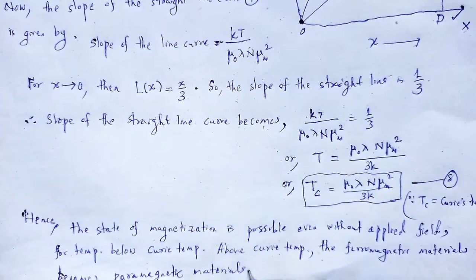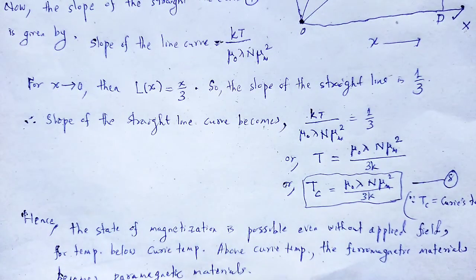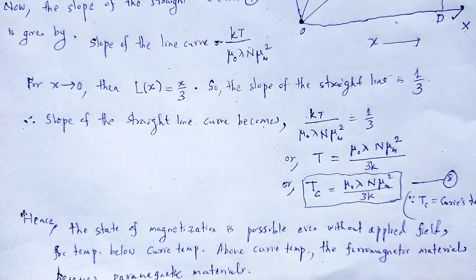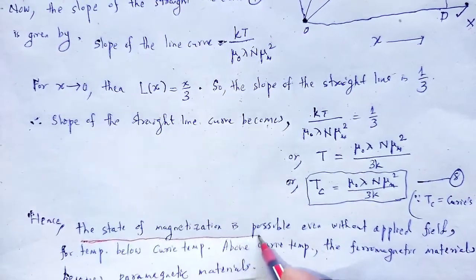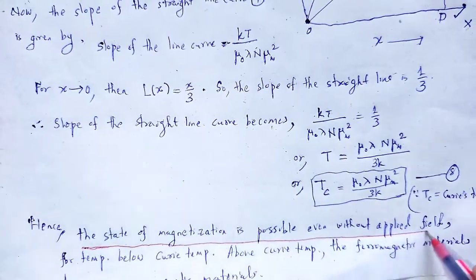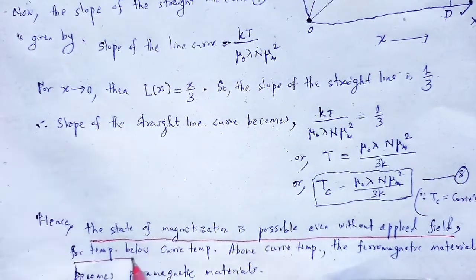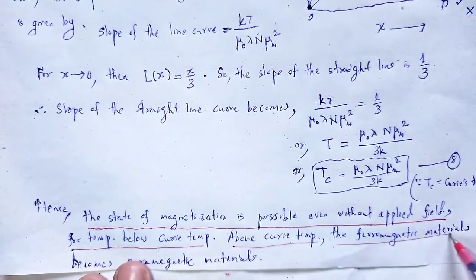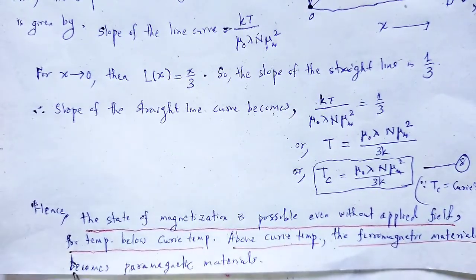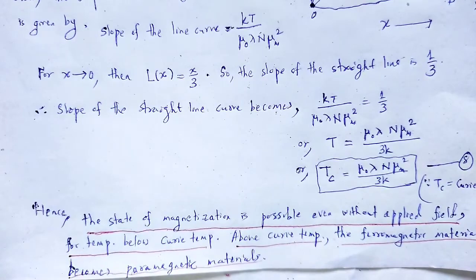We have already discussed that point, as above the Curie temperature the ferromagnetic material becomes paramagnetic, in the topic related to Curie's law.